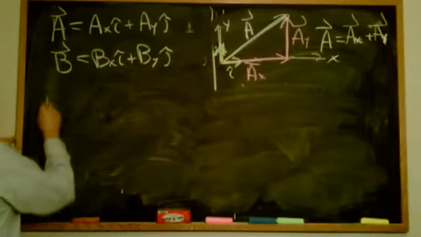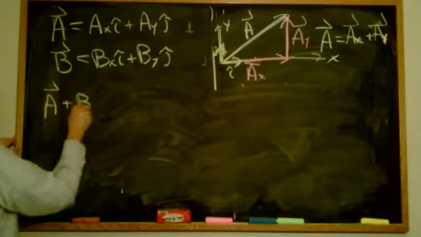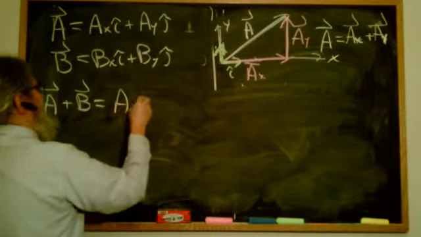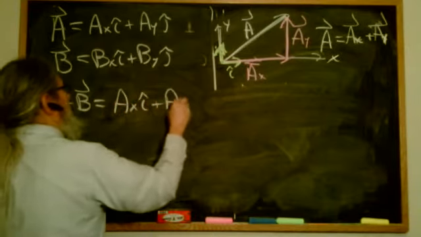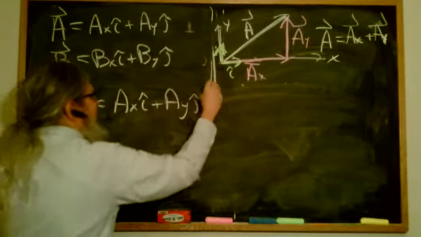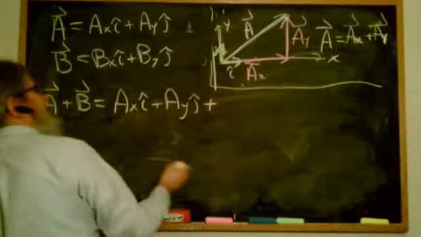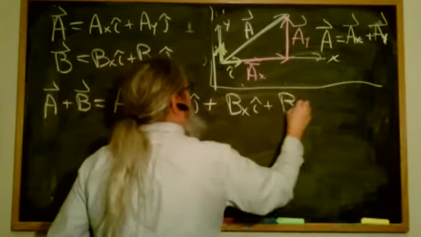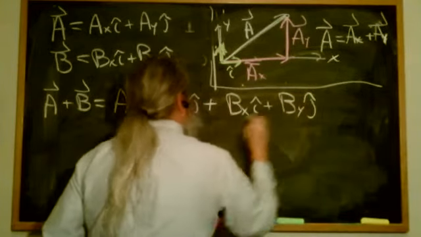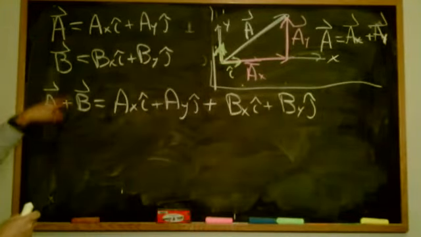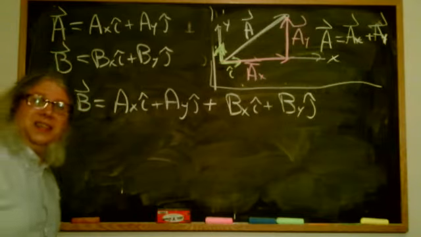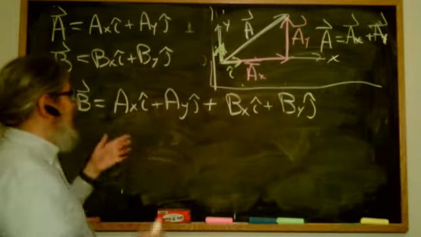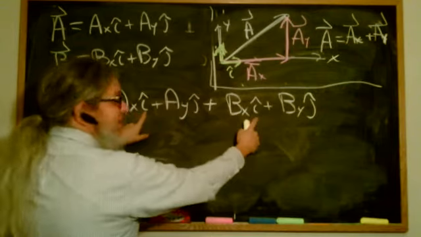And then I could do some algebra, right? Let's calculate what the vector A plus B looks like. Well, that's just the sum of these things: A sub x times i hat plus A sub y times j hat, plus B sub x times i hat plus B sub y times j hat. That's easy. How do I simplify this expression? I combine like terms, because these are vectors pointing in the same direction.